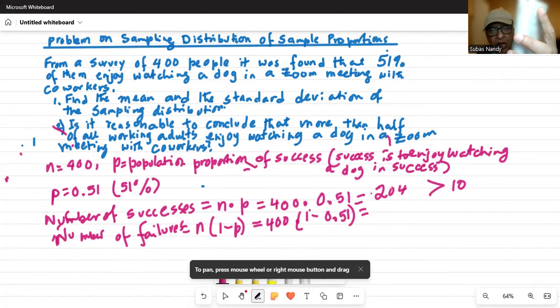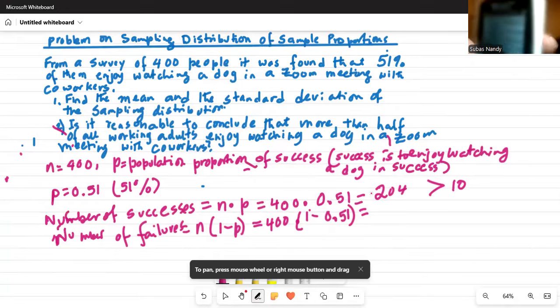I type 400, then left parenthesis, 1 minus the probability of success, 0.51. Notice 1 minus 0.51, which is 0.49, is the probability of failure.